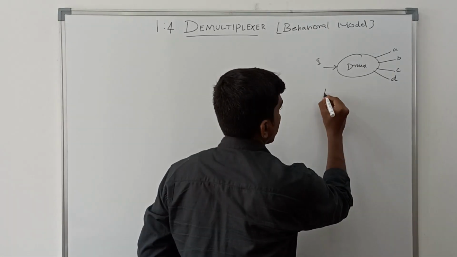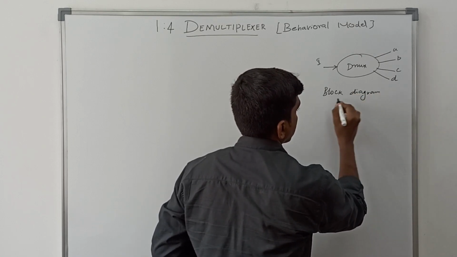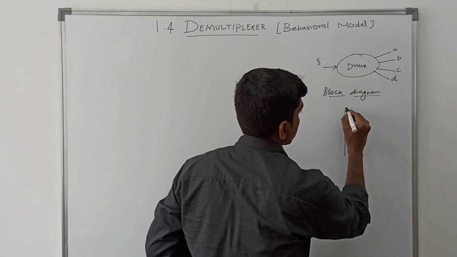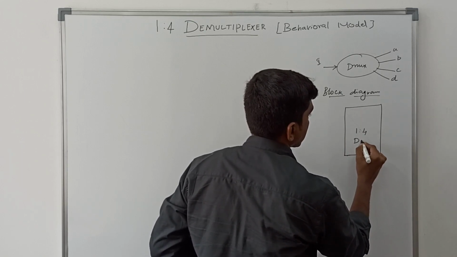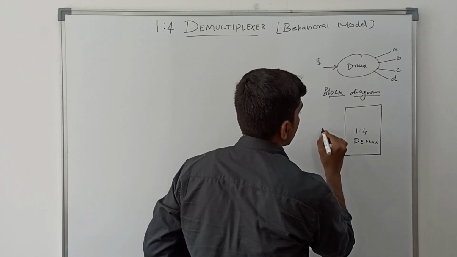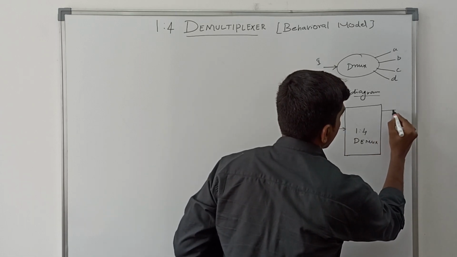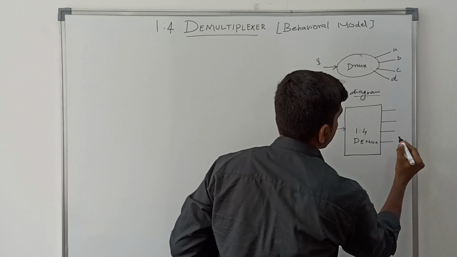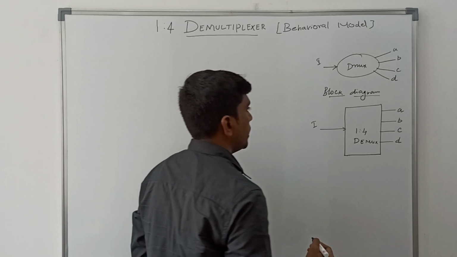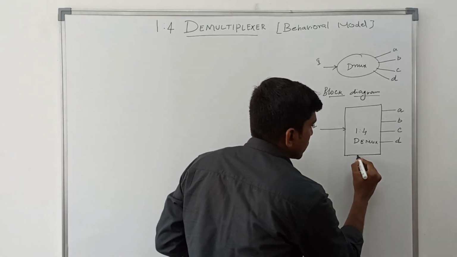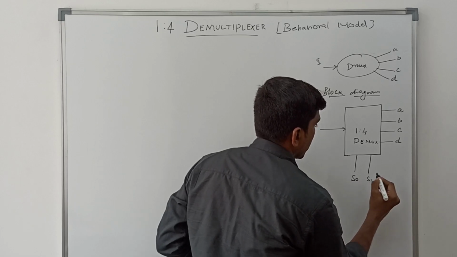Now I draw the block diagram for the de-mux. Here I am taking a 1:4 de-mux. The input is I, and the corresponding outputs are A, B, C, D. Then the selection lines are S0 and S1.